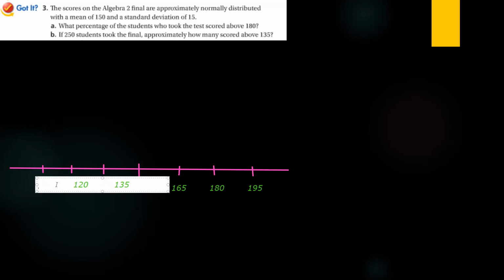And 120 minus 15 is 105. These are now the mean, 1, 2, and 3 standard deviations.